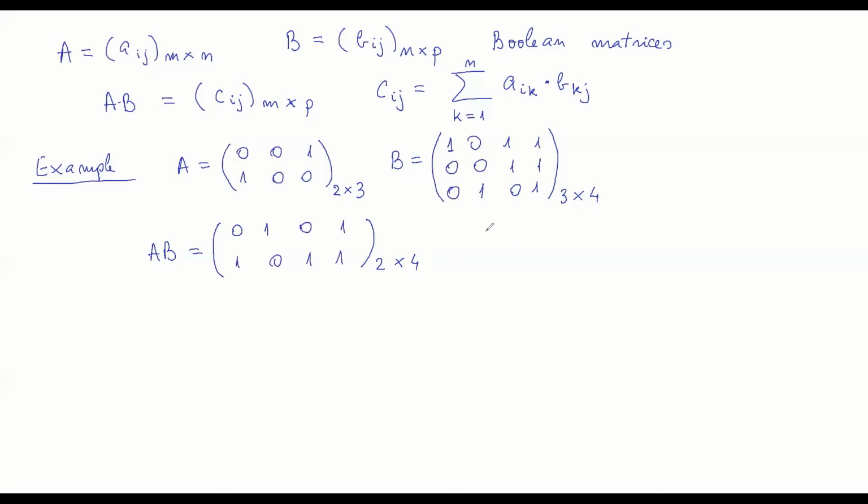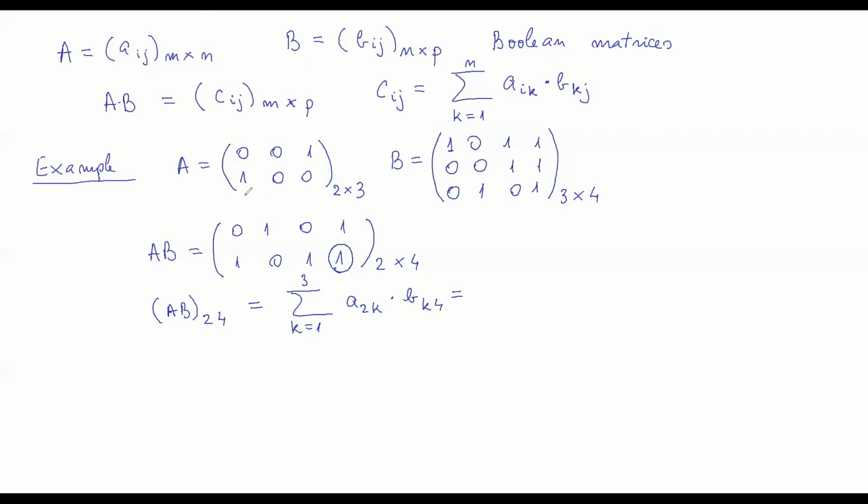So I check just one element. For example, this bottom right corner, so that's going to be our element on row 2 and column 4. By definition, this is the sum from k equal 1 to 3. I have 3 columns in A and 3 rows in B. So this is going to be the sum of A_2k times B_k4.